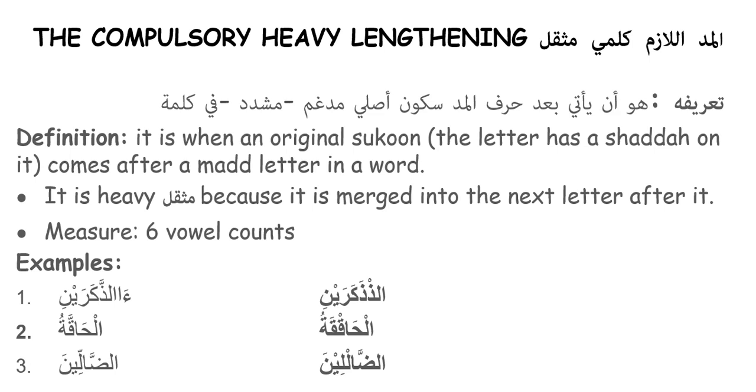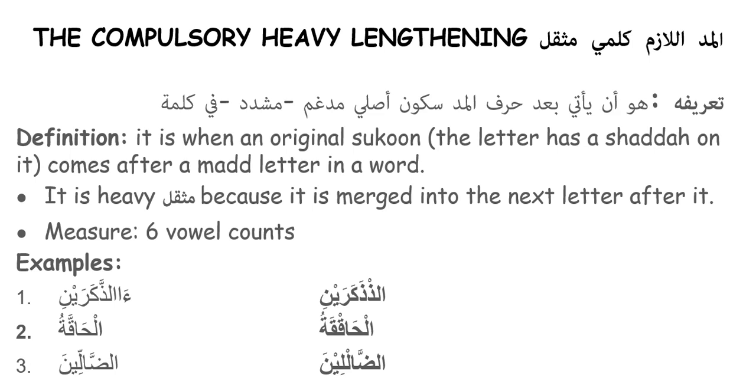It occurs when an original sukun, which is merged, okay, and having a shadda symbol, comes after the mad letter in a word. The letter is then having a shadda symbol on it, in a word.